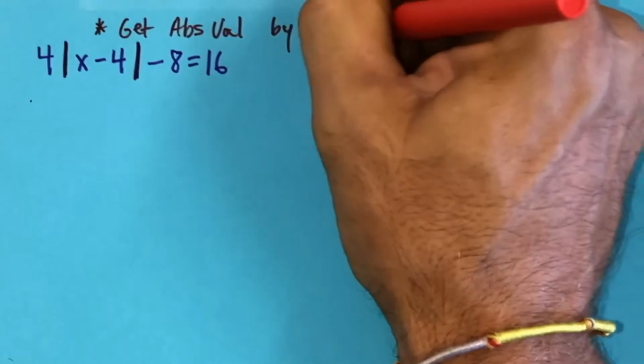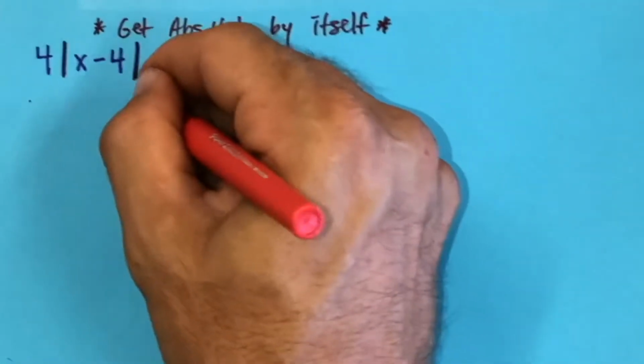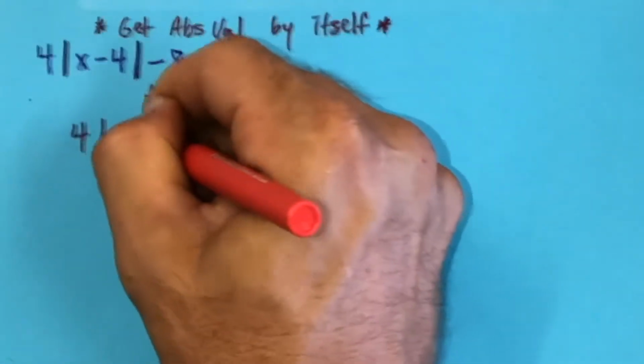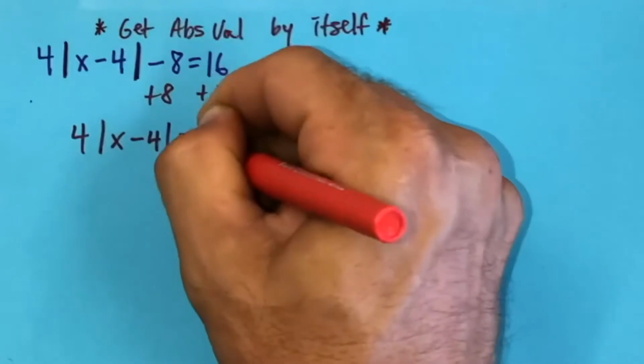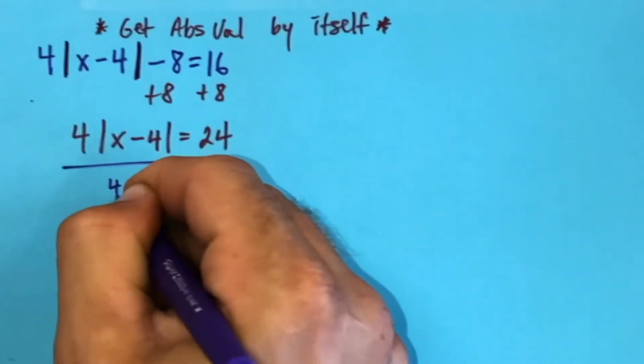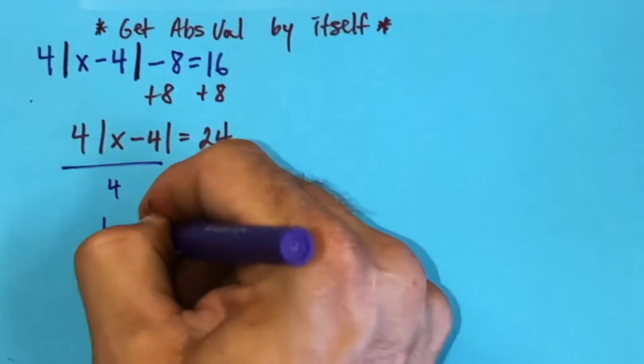You're going to treat it like it is the variable. So here I'm going to add 8 to both sides, rewrite 4 absolute value of x minus 4 is equal to 24, and then I'm going to divide both sides by 4.